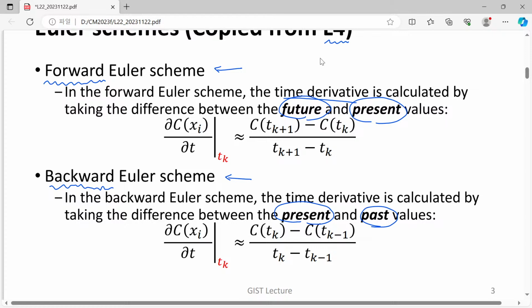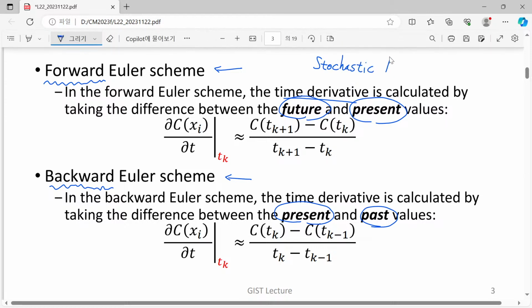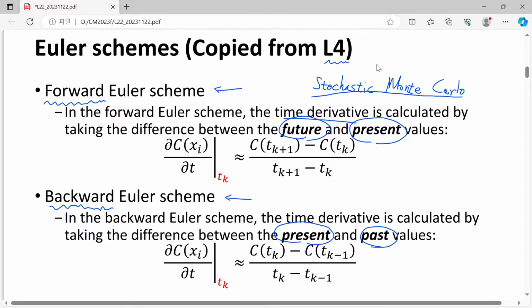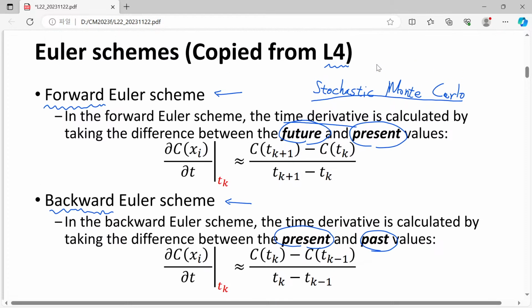That is stochastic Monte Carlo simulation. In this case, we use the forward Euler scheme to make time integration, but this is not directly related to our conventional device simulation using the drift diffusion model.